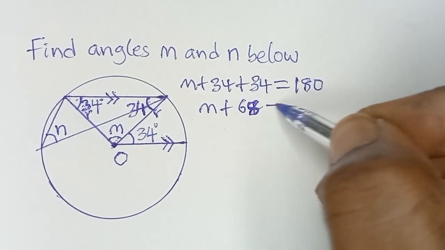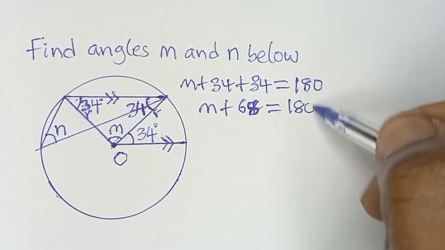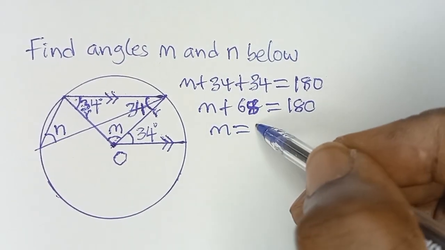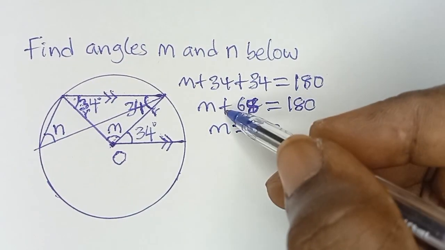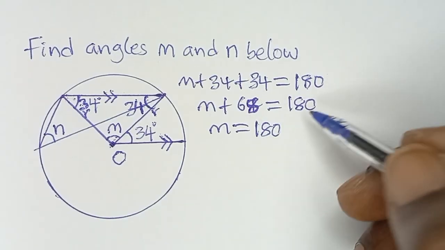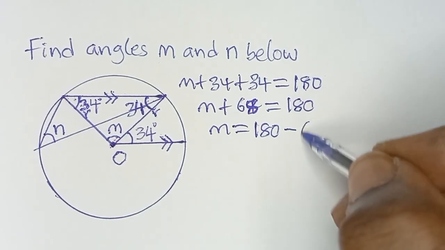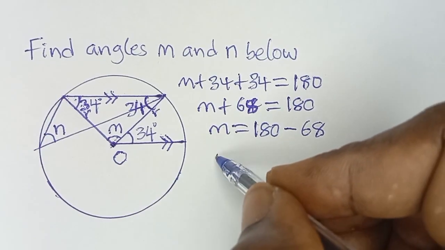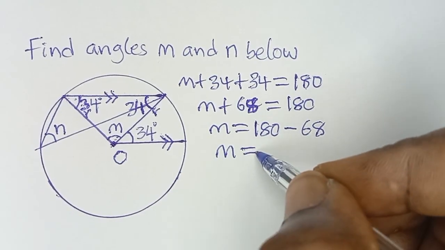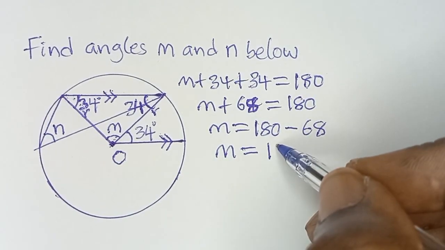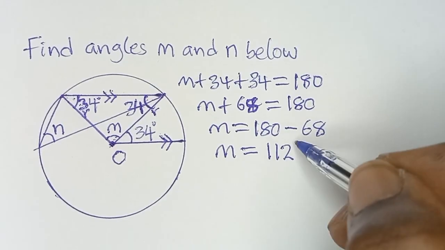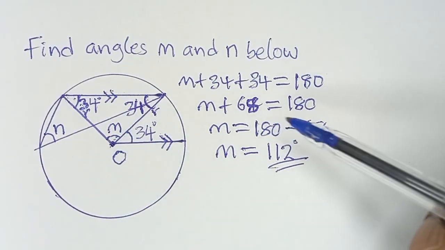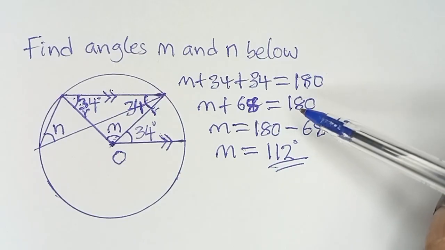M plus 68 is equal to 180. And then from there, I can say M is equal to 180. This positive 68, if it comes to this side, it becomes negative 68. And from there, I already have the value for my M as equal to 112 degrees. So angle M is 112 degrees.